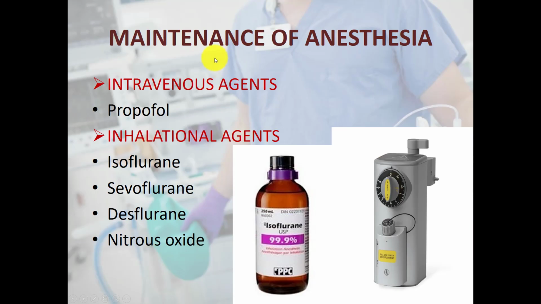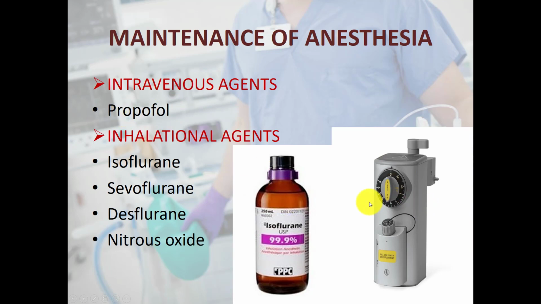Now, how to maintain the anesthesia? As we have discussed earlier, we can maintain anesthesia by intravenous agents and inhalational agents, but remember, commonly we use inhalational agents for the maintenance of anesthesia. As discussed earlier, in total intravenous anesthesia we use propofol for maintenance.